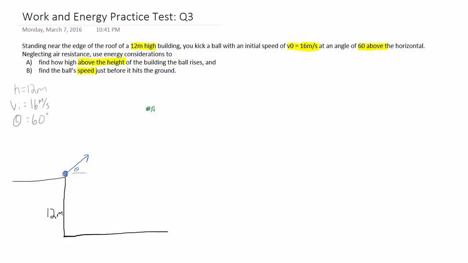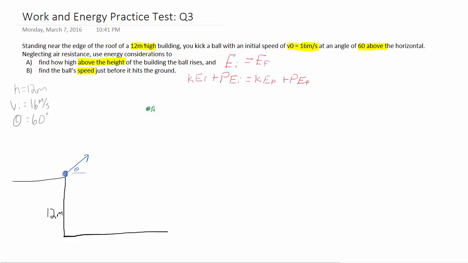So our formula for figuring this out is going to be energy initial equals energy final, which is kinetic energy initial plus potential energy initial equals kinetic energy final plus potential energy final.